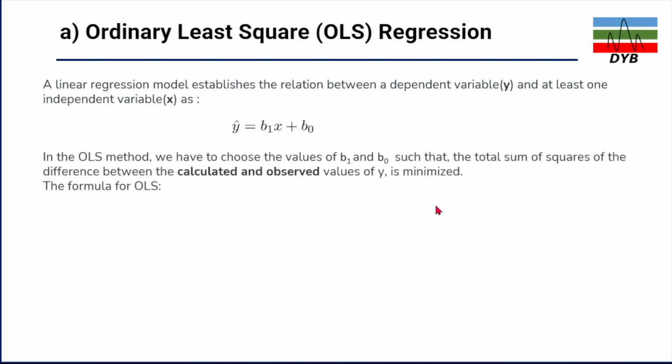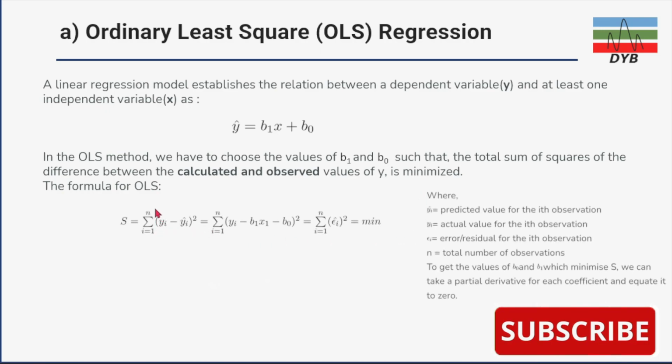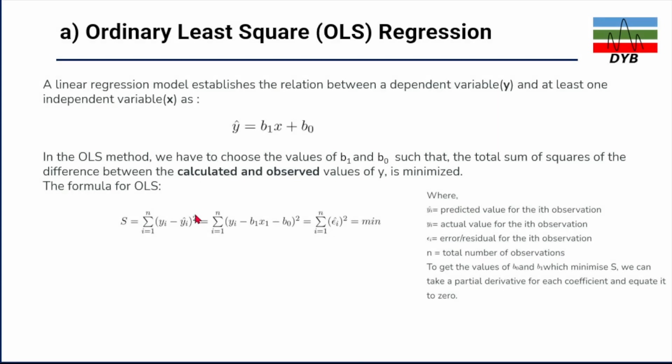In OLS, the ordinary least squares regression, we have to choose the values of b1 and b0 such that the sum of squares of the difference between calculated and observed values of y is minimal. A simple method: we find the difference between the actual values minus the predicted values, and we take the square of this. These are the parameters you can look at.